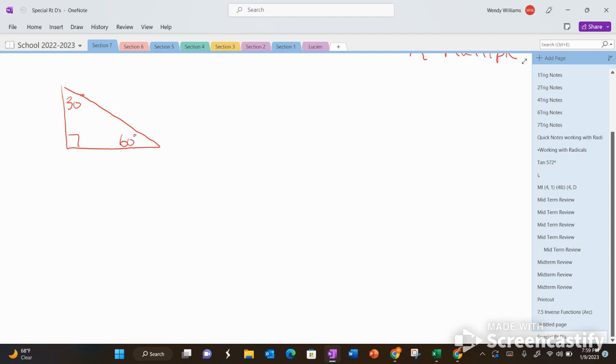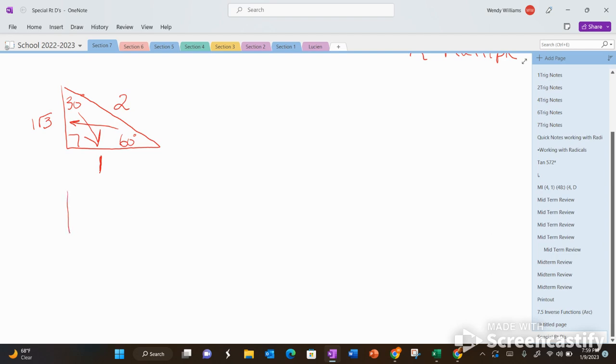You just have to remember that across from the small angle is the smallest side, and we're going to call that a ratio of 1. Opposite 60 degrees is the medium or longer side, and we said that was really 1 square root of 3. And the hypotenuse is the largest, and just think it's twice as big as the small.